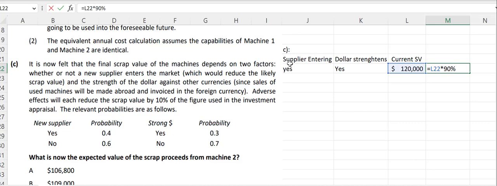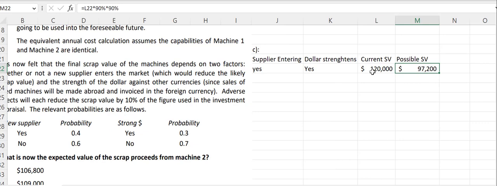Then the scrap value will be reduced by 10% and it will be 108,000. But since we are assuming that the dollar will also strengthen, a further 10% decrease will be there in the scrap value, so we'll multiply it with another 90%. This 90% is because of this condition becoming true, and this 90% is because of this condition becoming true. So we'll multiply it by 90% twice. So the expected scrap value in this particular situation will be 97,200. So one of the possible scrap values will be 97,200, right?